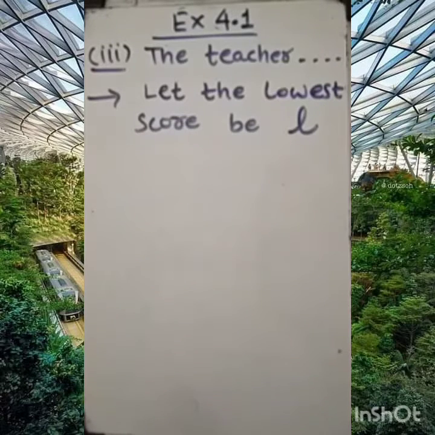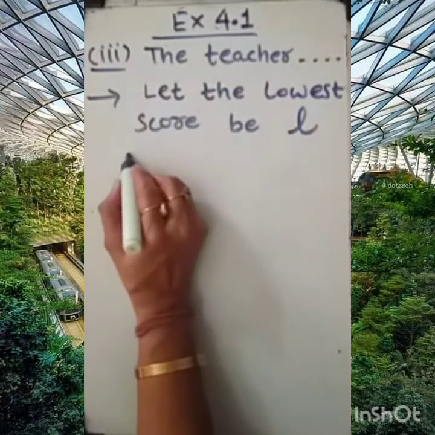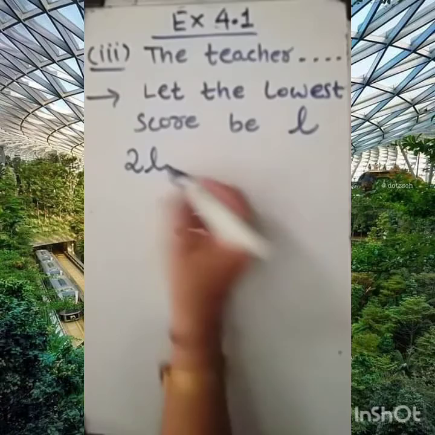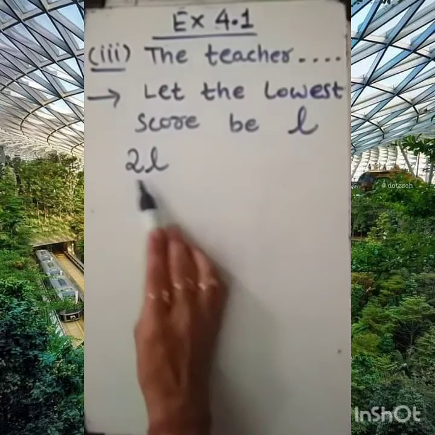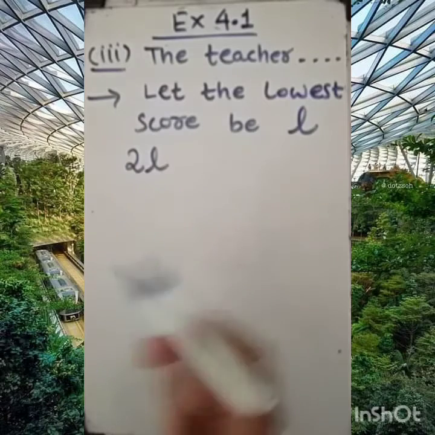Now let's form an equation. The teacher tells the class the highest mark obtained by a student in her class is twice the lowest mark. Twice the lowest. What is lowest? l. What is twice the lowest? It is 2l. Twice the lowest mark is 2l, and plus 7.